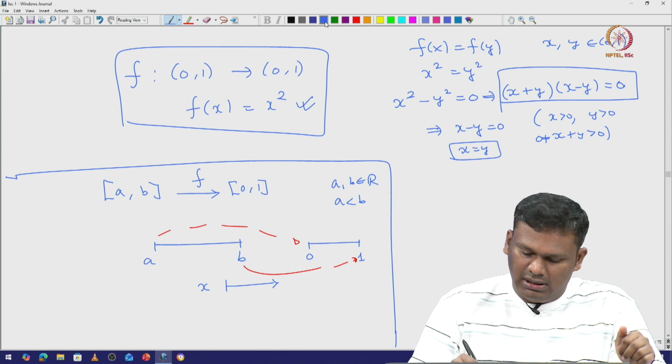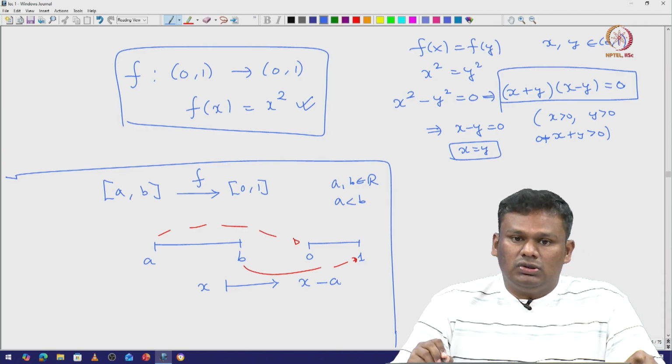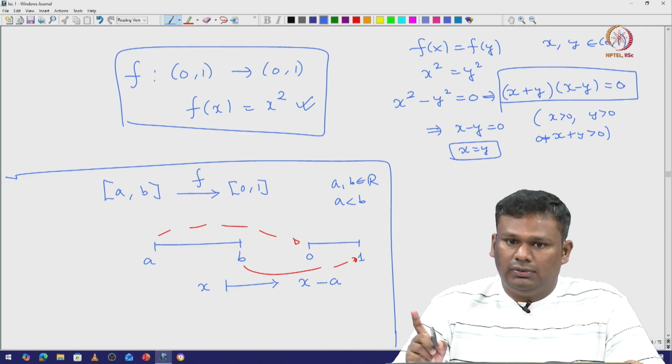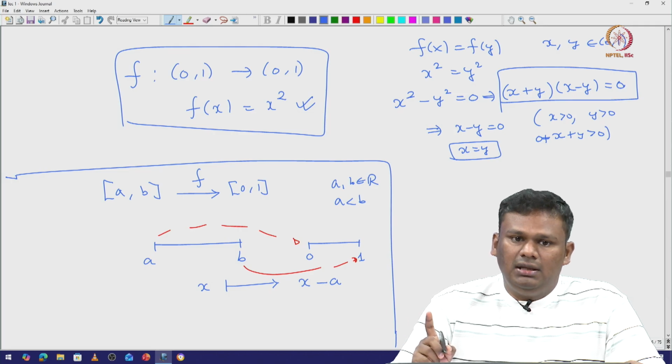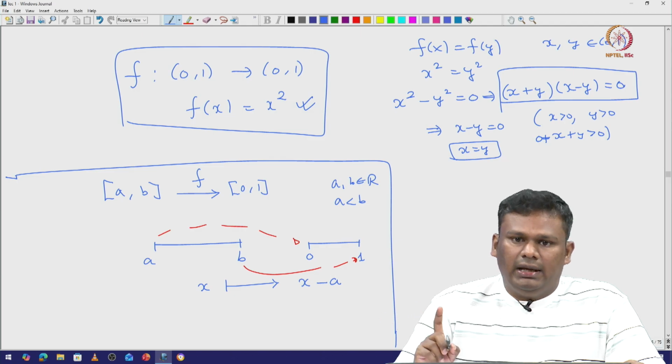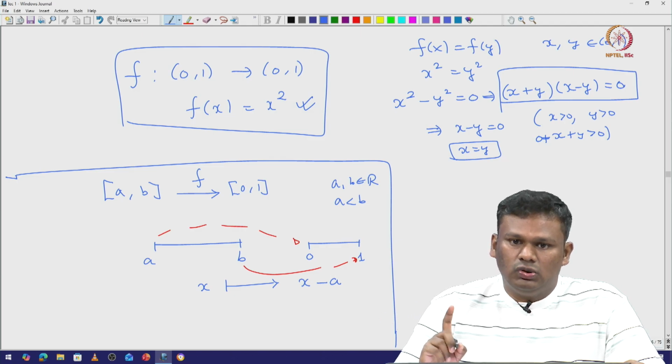If I take the linear map x goes to x minus a, it clearly sends a to 0, but the problem is that b goes to b minus a. So, I have to scale it so that it goes to 1.